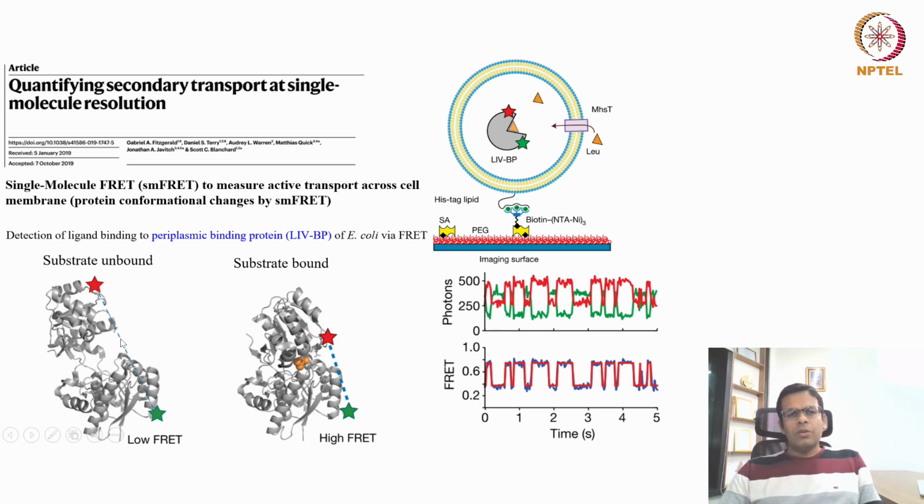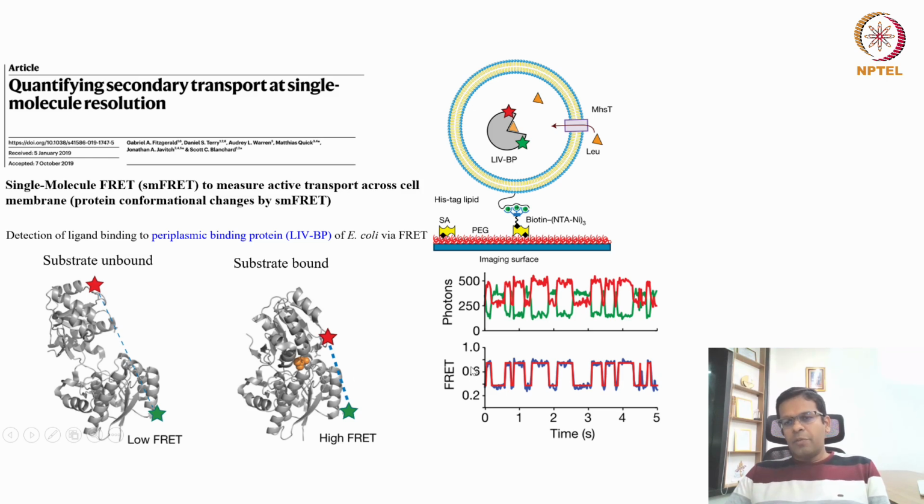you just label the two ends of this protein using FRET dyes. One is, let's say, a red fluorescent dye and the other a green dye, and generally these dyes should be a good FRET pair. Generally people use Cy3 and Cy5 for FRET analysis. When the protein conformation closes, the dye molecules come into close proximity to each other, and that gives enhancement of the FRET signal.